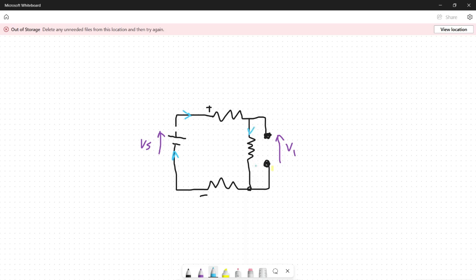There's a path for it. So we end up getting voltage drops. So this will be V, I'm just going to call this V open. This will be our V1, V2, V3.